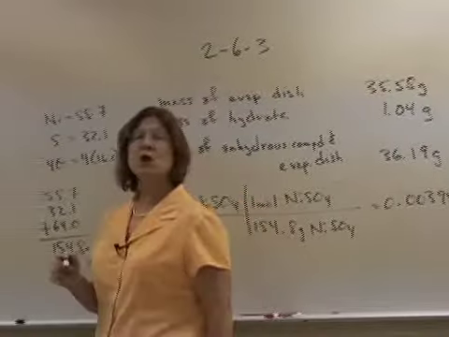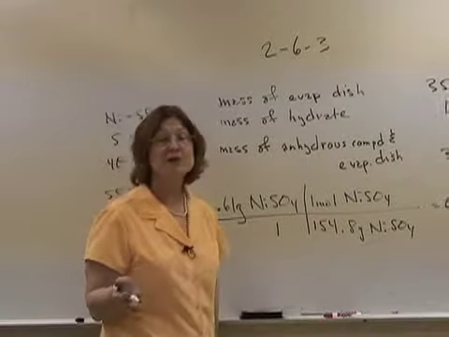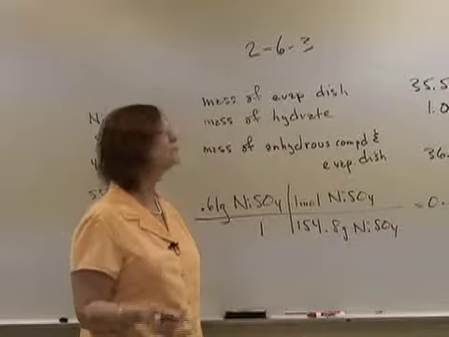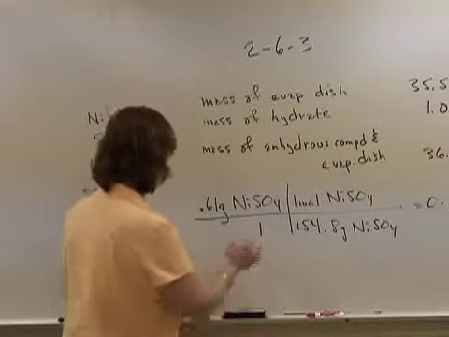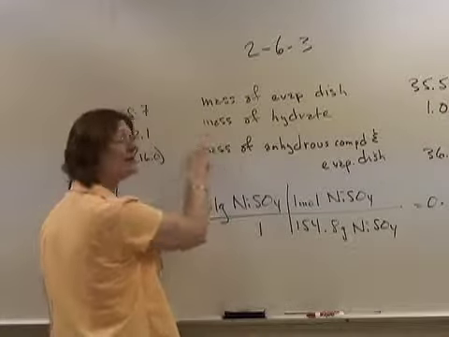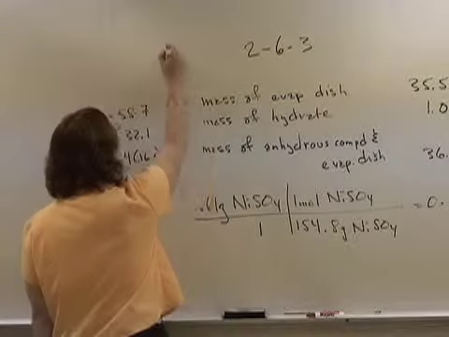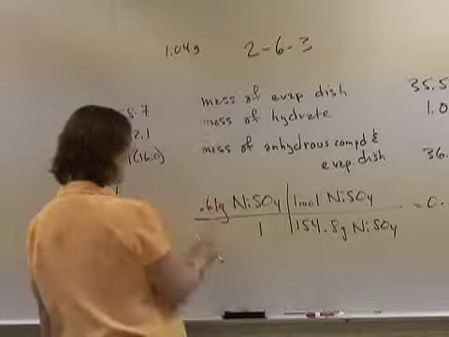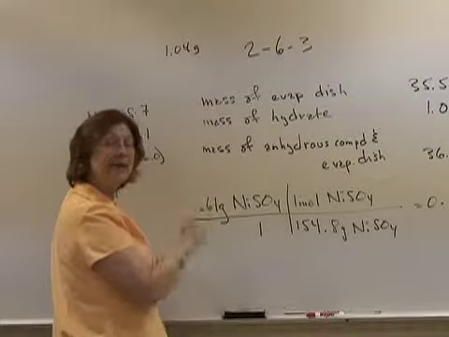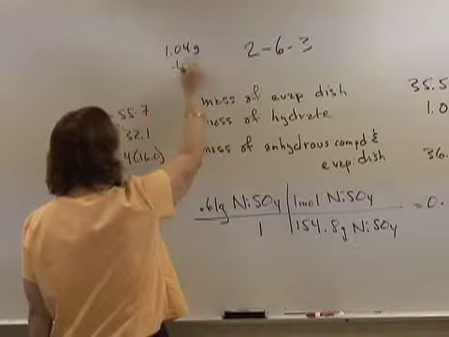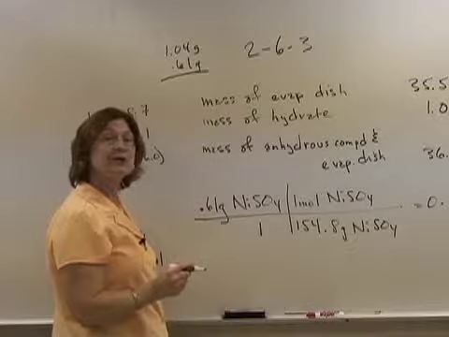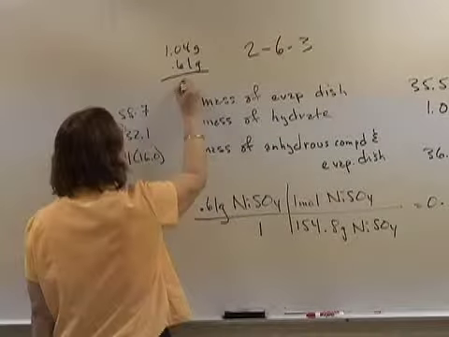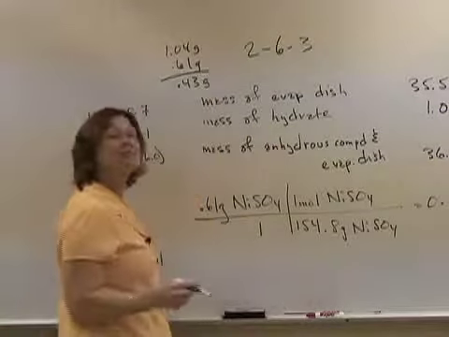Now, in order to know how to get the formula for the hydrate, I must determine how much water was in the hydrate. Well, I know that if I had the hydrate that was 1.04, and the mass of the anhydrous compound is 0.61. That is the anhydrous compound. The difference is my mass of my water.